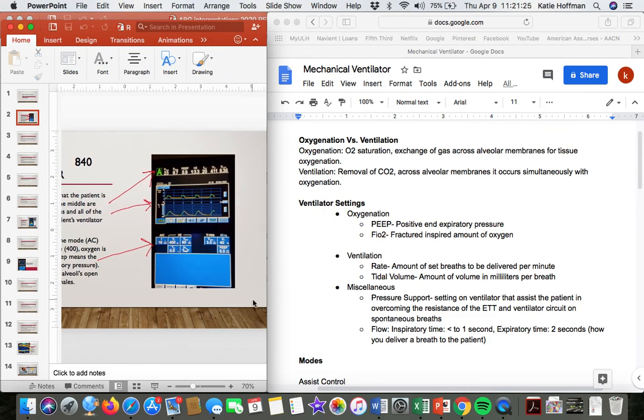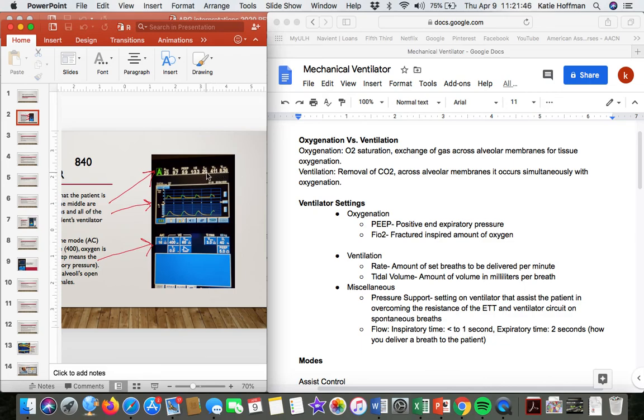So if we're going to talk about our ventilator screen, the things that we're going to want to be cognizant of are settings down here. We have our set rate, our set tidal volume, our set FiO2, and set PEEP. This is what we choose to set up at the beginning of the ventilator setup. And we come up here and we can look to see what our patient is actually doing.